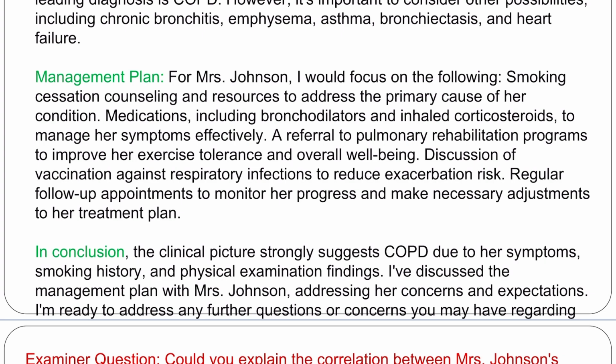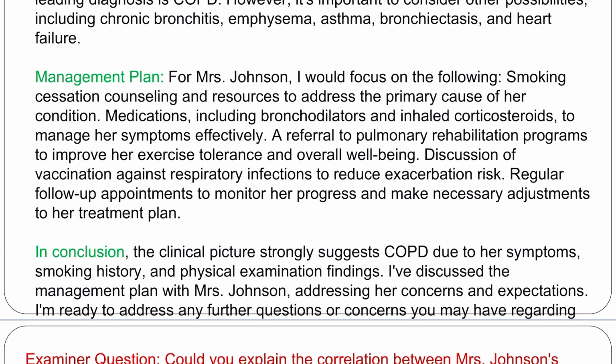I would like to refer her to a pulmonary rehabilitation program to improve her exercise tolerance and overall well-being, and discuss vaccination against respiratory infection to reduce exacerbation risks, and regular follow-up appointments to monitor her progress and make necessary adjustments to her treatment plan.